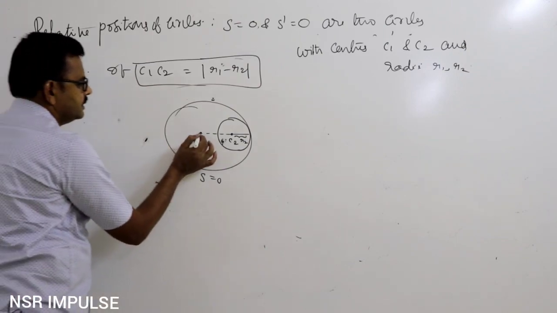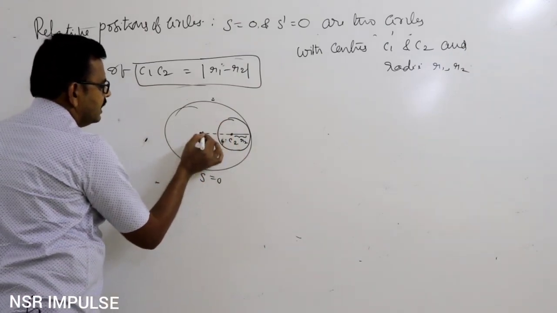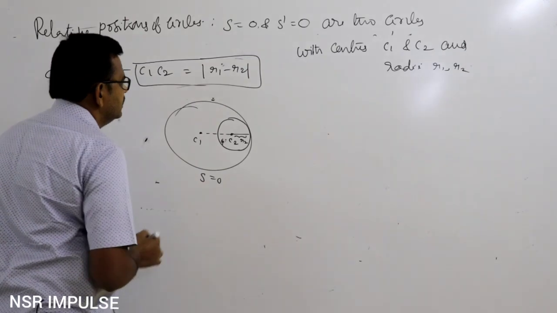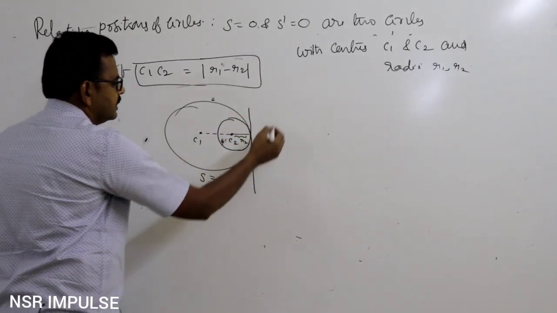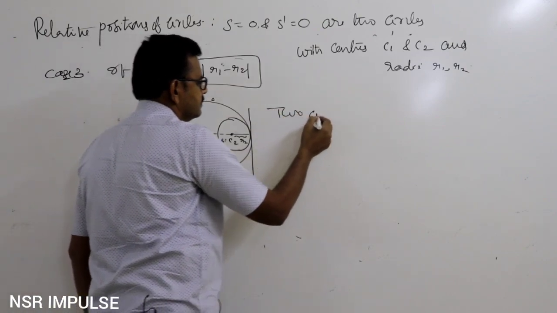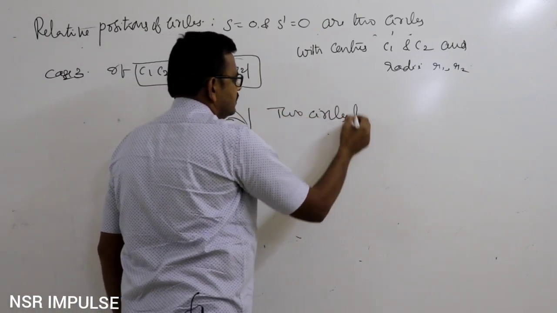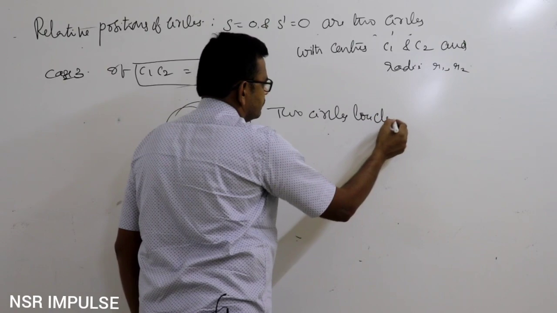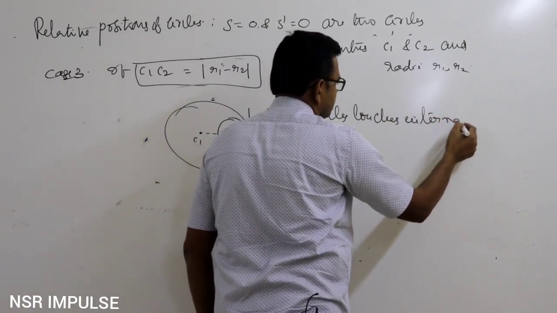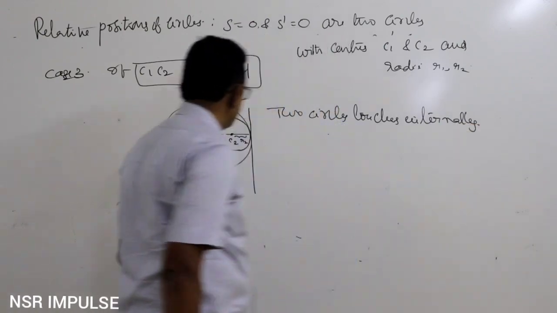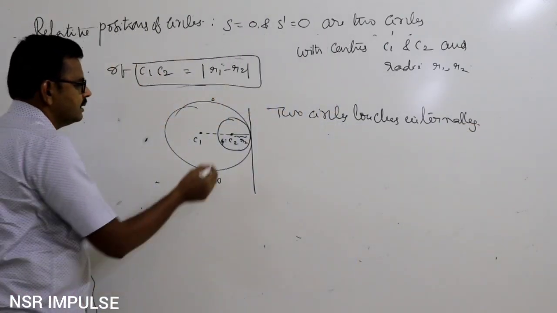Here, C1C2 is equal to R1 minus R2. In this case, the two circles touch internally.